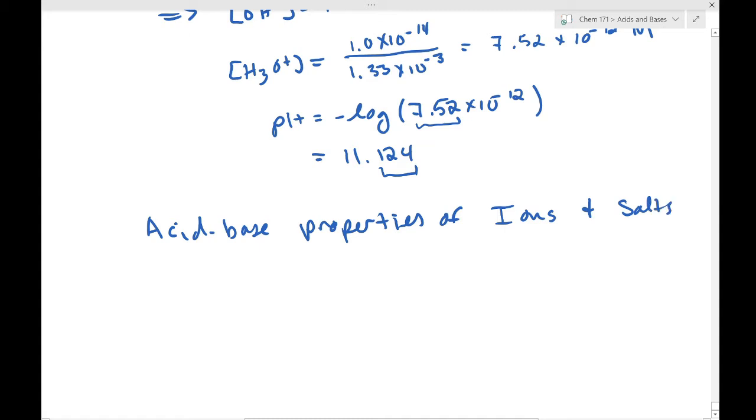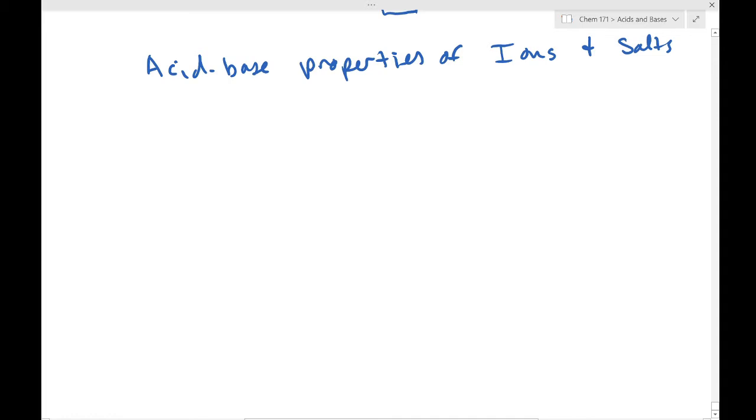So when we make a solution out of specific salts, we can end up with acidic or basic solutions.